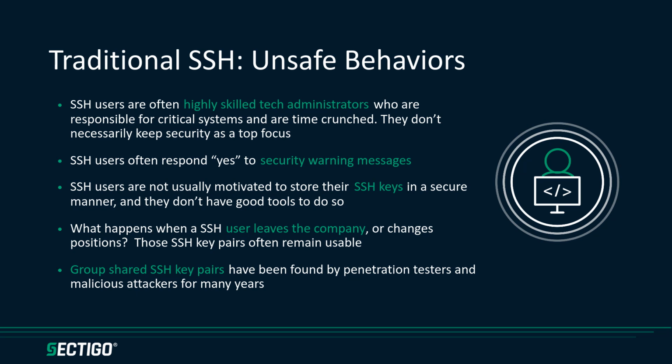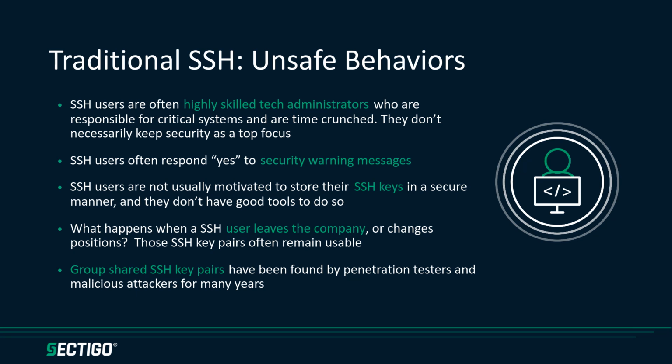Yeah. And of course, quite often, key pairs are group shared. And the private keys are shared amongst people. And quite often, because these authentication keys are so important, they're hard-coded into things like Ansible scripts and Chef and Puppet scripts.